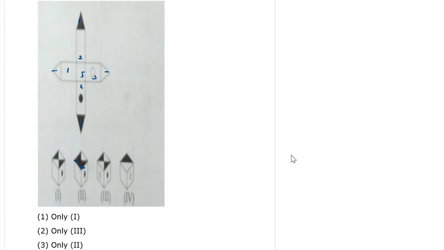If you fold like this, the corner portion will be colored black, and then the white portion overlaps below the black. So with the corner, only one turn, we will get this side, the right hand side. So the second figure is the correct answer, only 2. So option 3 is the correct answer.